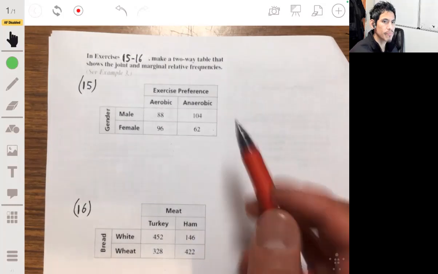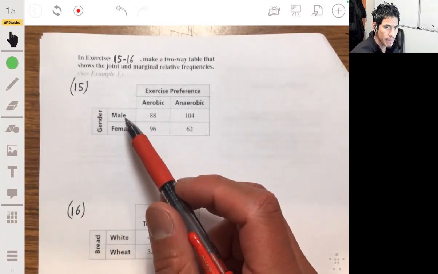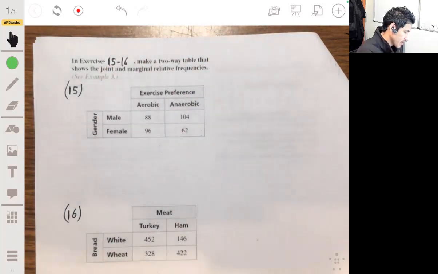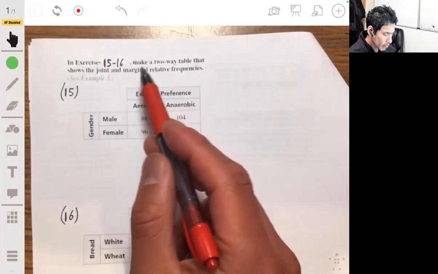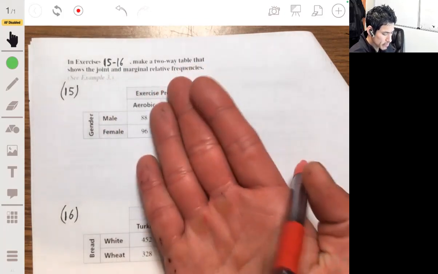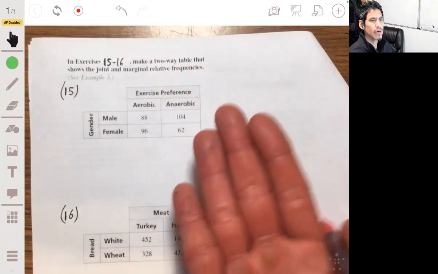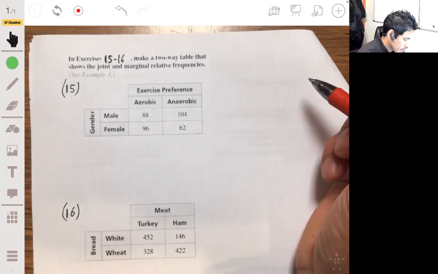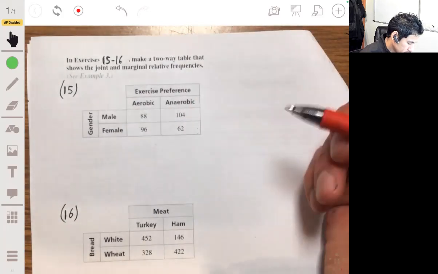Now we're going to look at when we're given the counts, let's figure out how we can make a joint. Well, we know we're given a joint. Let's go over what marginal relative frequency means. It sounds complicated, and it is. I'm just kidding. It's actually pretty simple because it's just interpreting these values in percents or proportions.